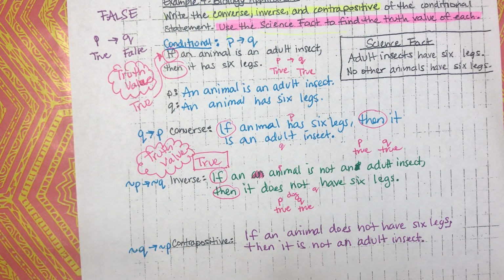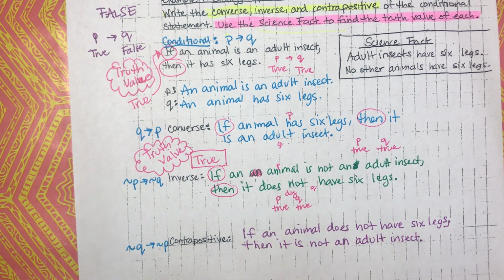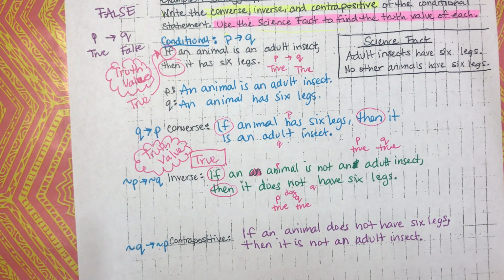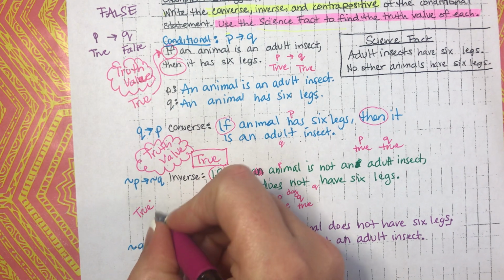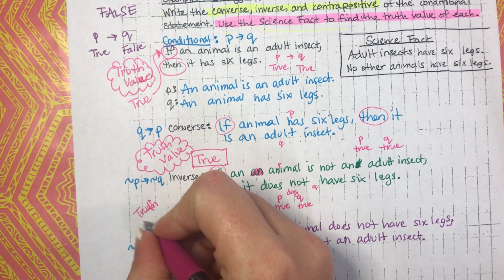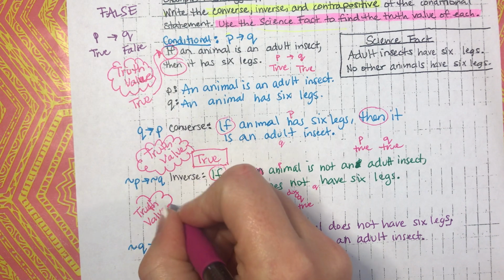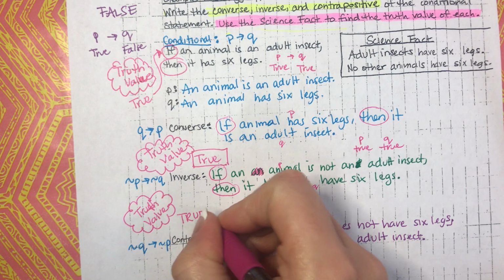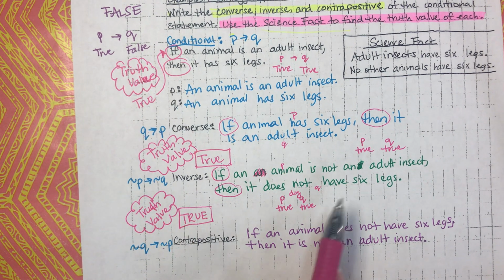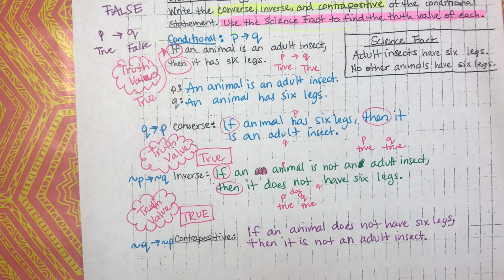Yeah, because the only thing that would have 6 legs would be an insect. So we're trying to think up a counterexample for this, something that would make this false, but I can't really think of a counterexample. So the truth value for this one would also be true because the hypothesis is true and the conclusion is true.